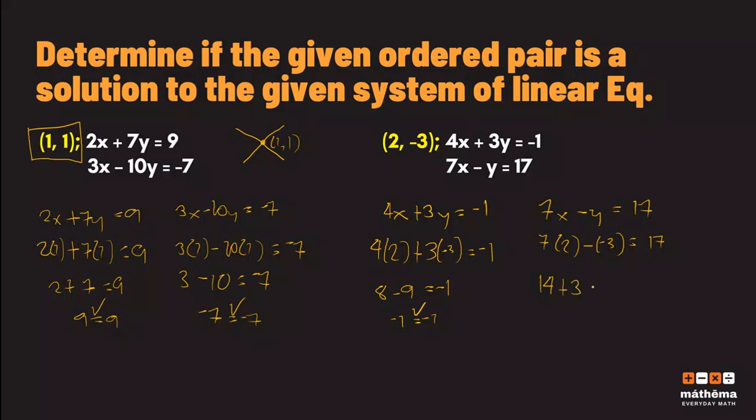So we have 14 plus 3 equals 17. 17 is equal to 17. So again, this is a solution. Later, when we plot these two equations, we will have a graph that will intersect at point 2 and negative 3.